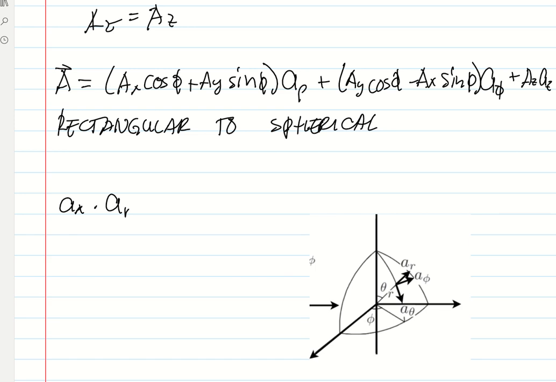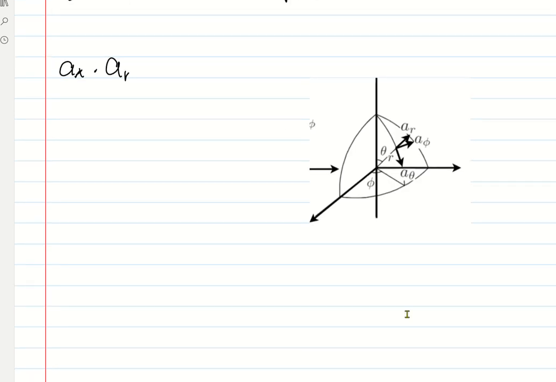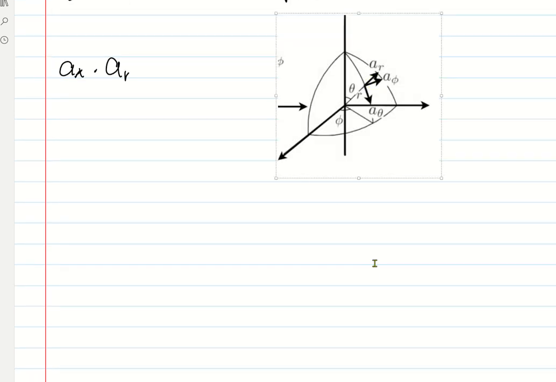So where's our AR and where's our AX? From here, this is our figure. Our AX is again somewhere here, while our AR is in this direction. So if we take the dot product, this is AR. With the AX, we need to know the angle between them.